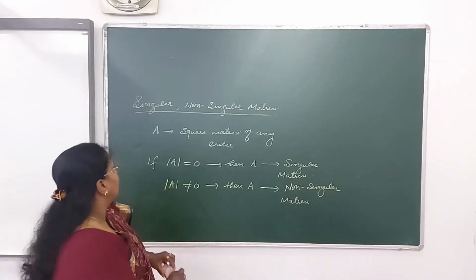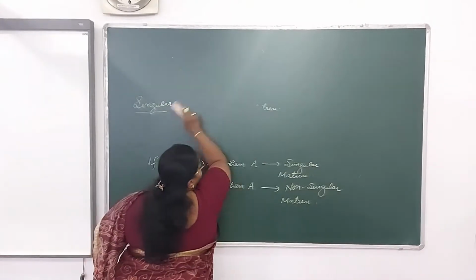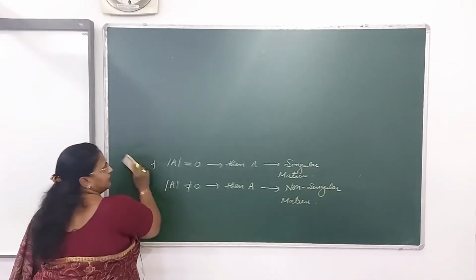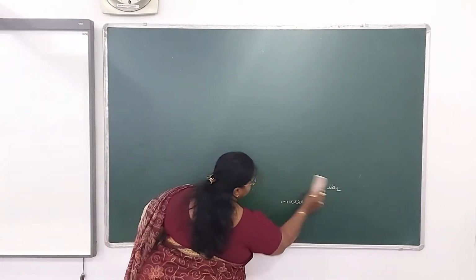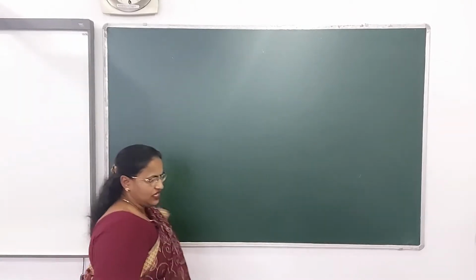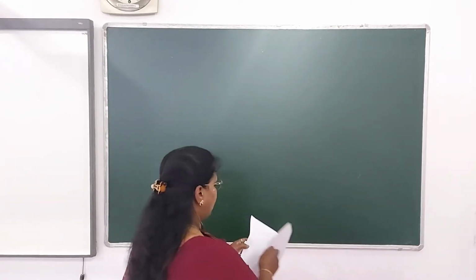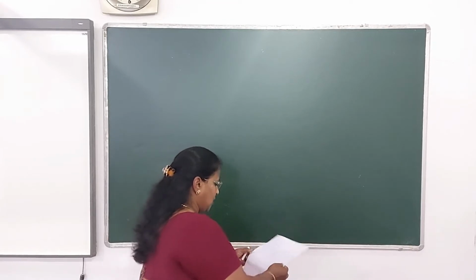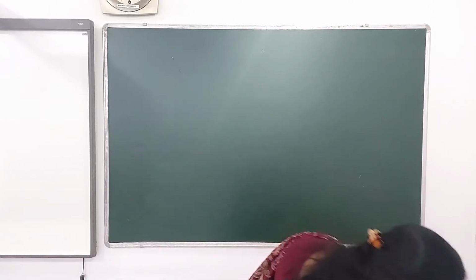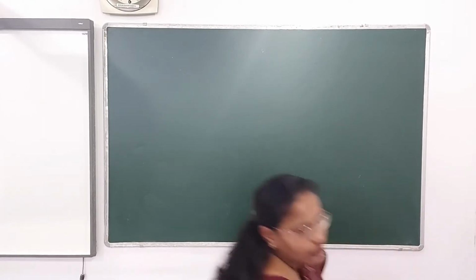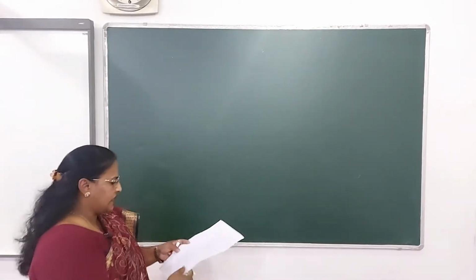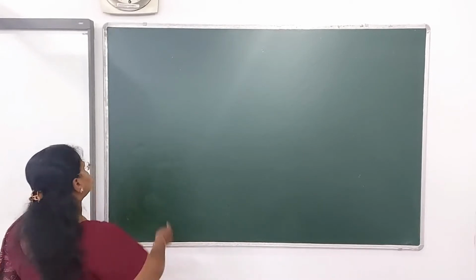Question, write down. Find the value of x. Based on this concept, let us do a question. Find the value of x for which the given matrix is a singular matrix.